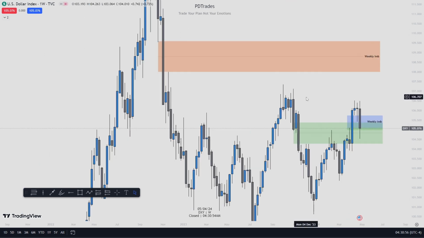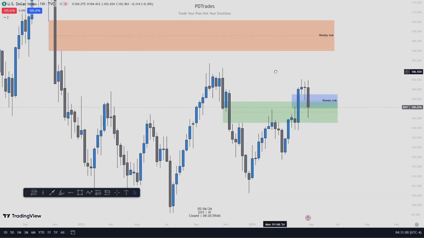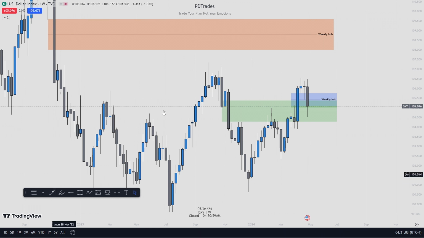so you can see that price just rejected, right? My draw on liquidity right now is this high here when I check the weekly time frame.